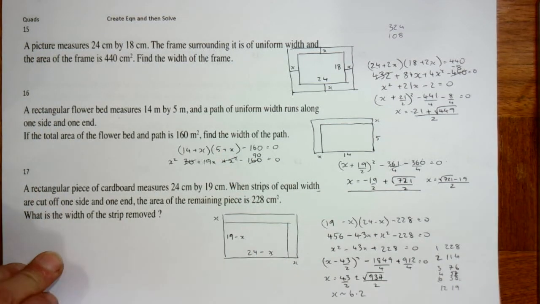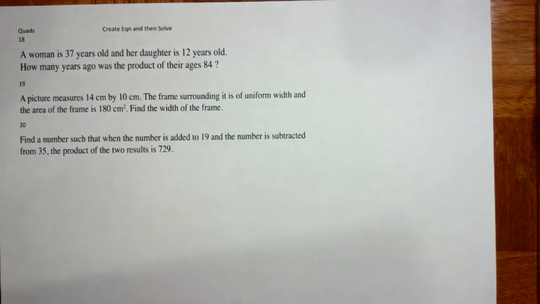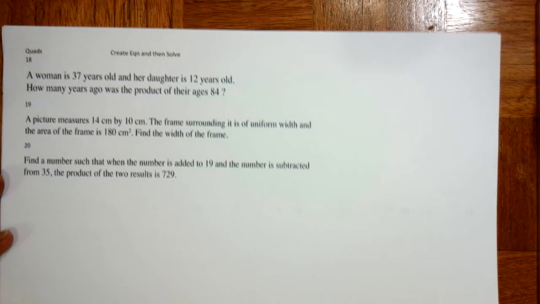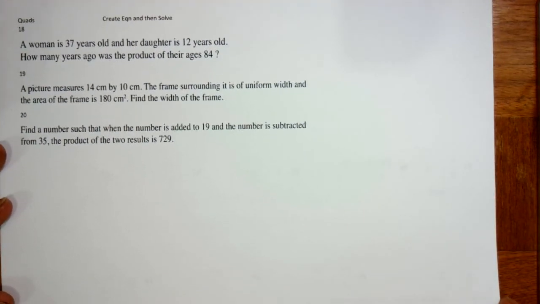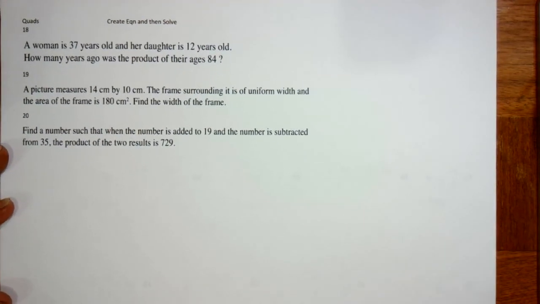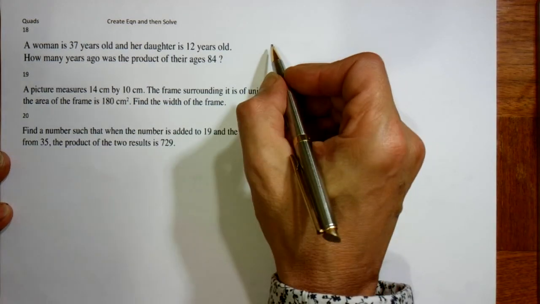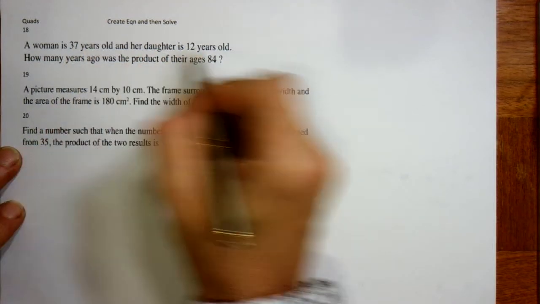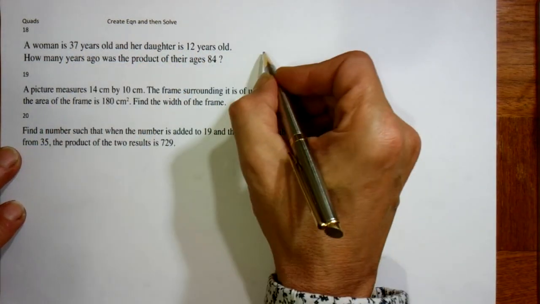Number 18. These are a bit more fun, aren't they? A woman is 37 and her daughter is 12. How many years ago was the product 84? Okay, well that's 28 threes, isn't it? Which is 9 less than that, 9 less than that.